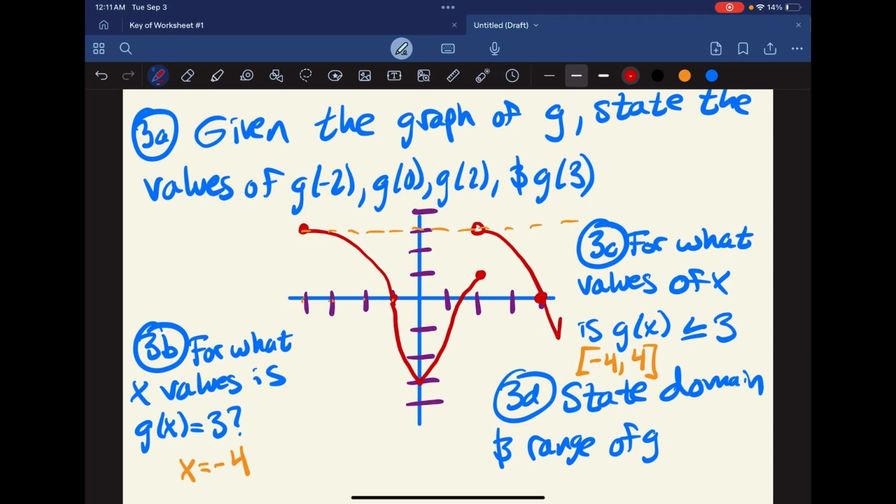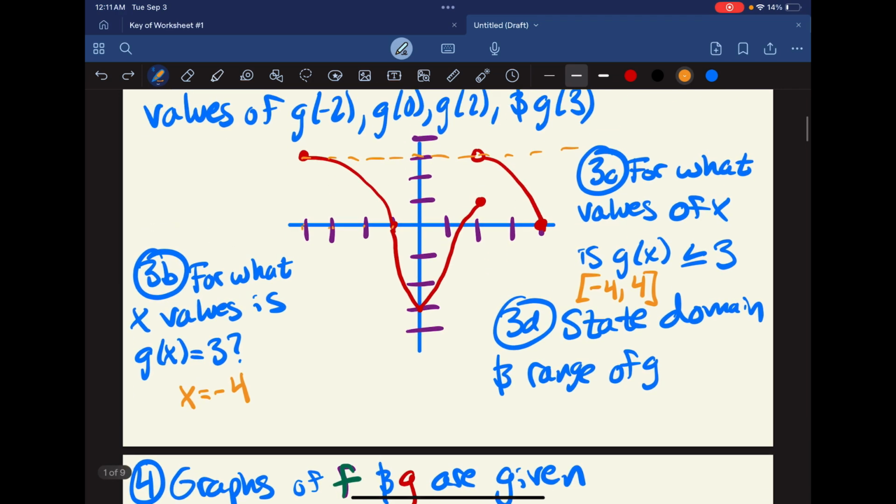If we had arrows on the end like that, or something along those lines, then we could say negative infinity to infinity, because those arrows imply that the function goes on forever. But since we don't have those arrows, we cannot assume that, and we have to assume it's just what we see here. And what we see here is from negative 4 to positive 4.